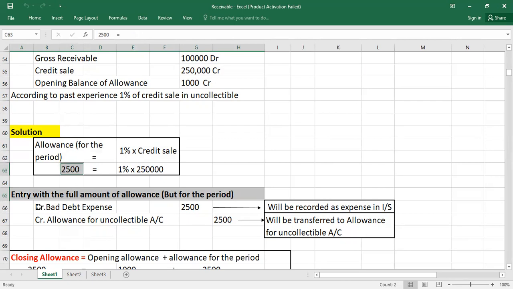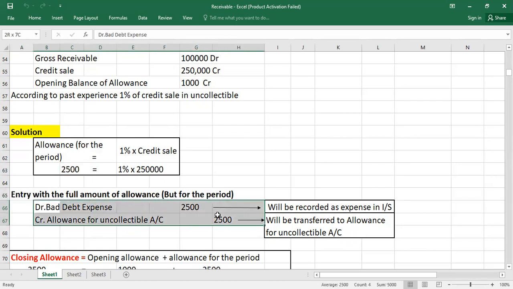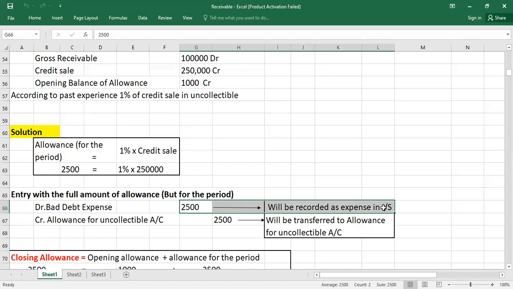So what entry will you pass? Debit goes to bad debts expense 2,500, and credit goes to the allowance for uncollectible accounts. Don't forget, the debit side will be recorded as an expense in the income statement, but the credit side will be transferred to the allowance for uncollectible accounts.